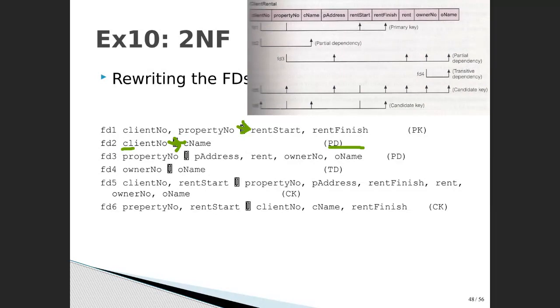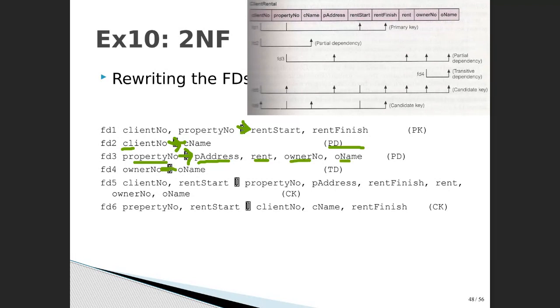Then functional dependency number 3 will be partial. Why? Because we still have property number and property address. Then owner number and owner name is transitive.